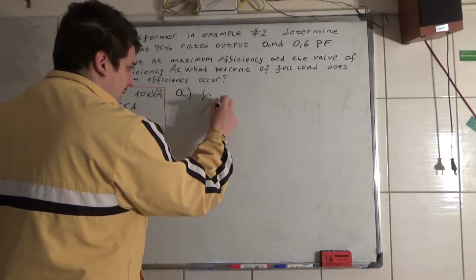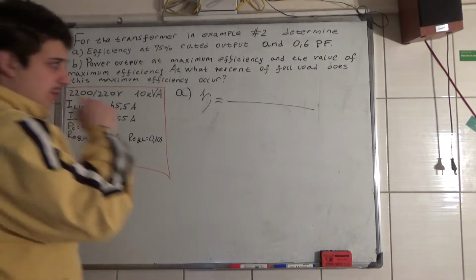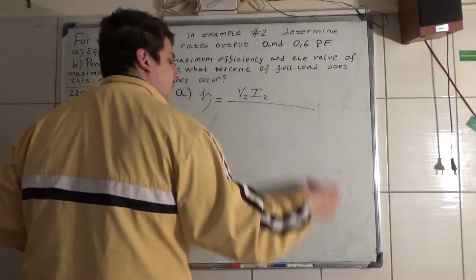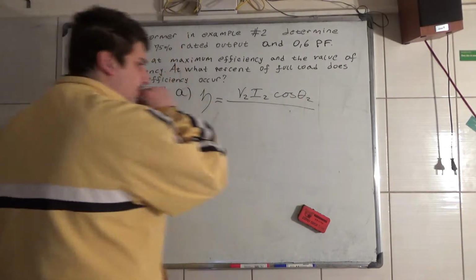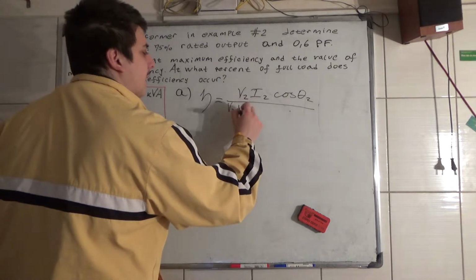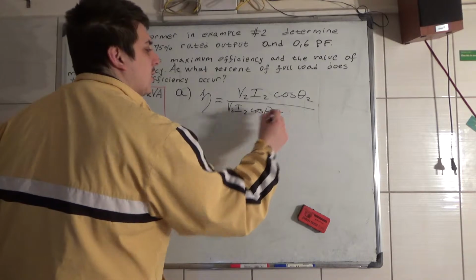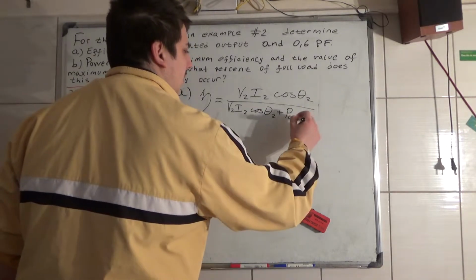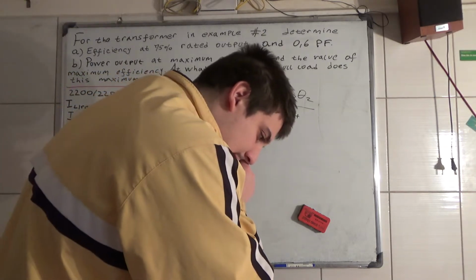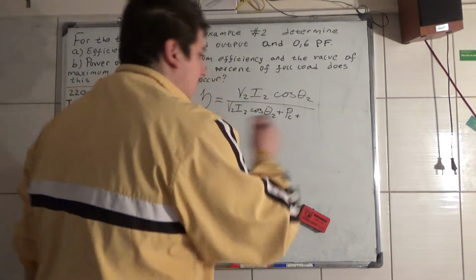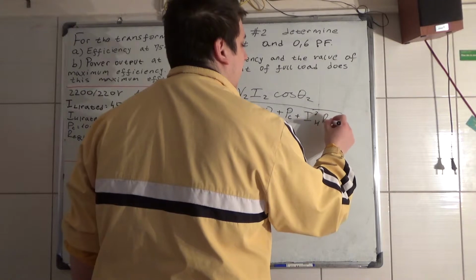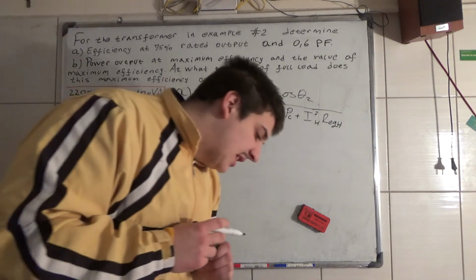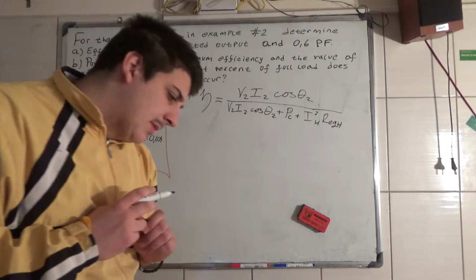Here we have the efficiency, Greek letter eta, and the formula is V2 I2 cosine theta 2 divided by V2 I2 cosine of theta 2 plus the core loss plus the copper loss, which I'm now going to write down: IH squared R equivalent H. This is the copper loss looking from the high voltage side, but it's the same for both situations.